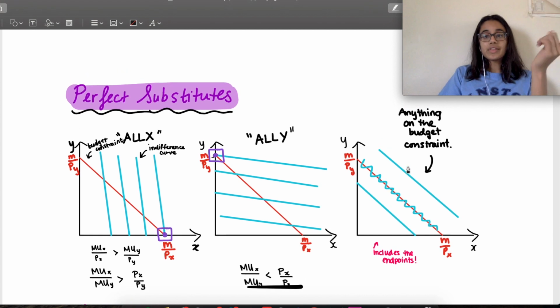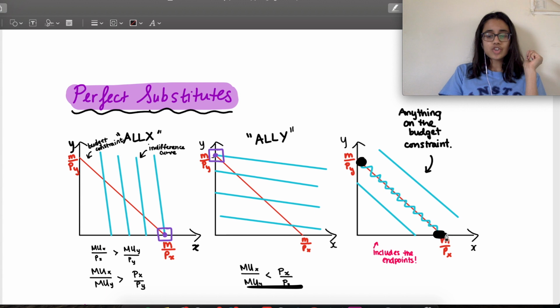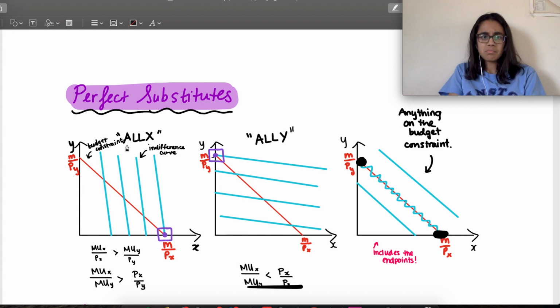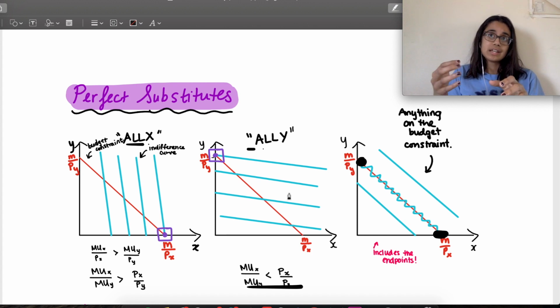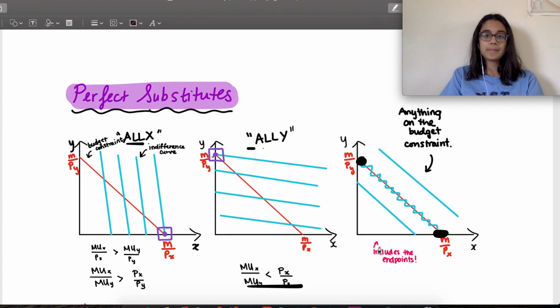Anything on the budget constraint is possible, which also includes the endpoints. So Bob might prefer all X or all Y while the MRS is also equal to the price ratio. That's something important to know that might pop up on an exam.